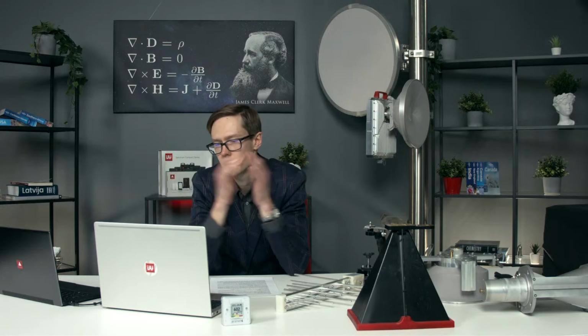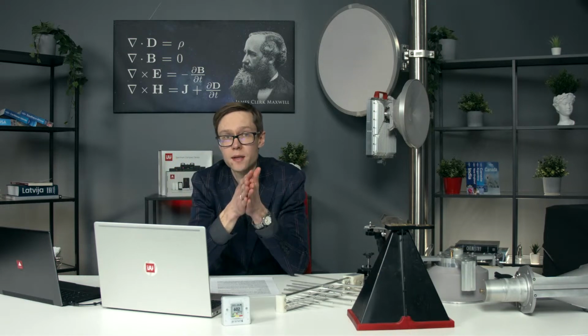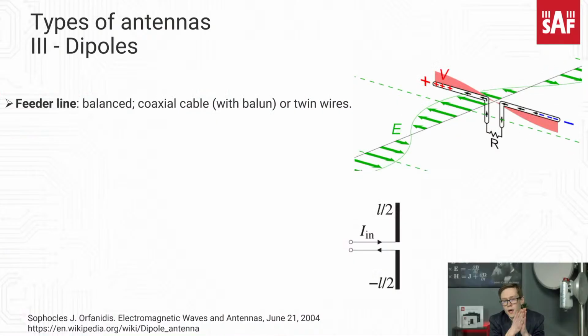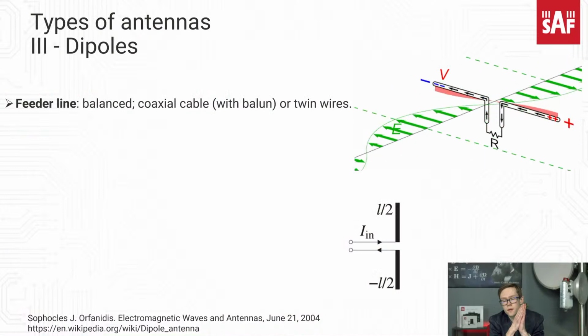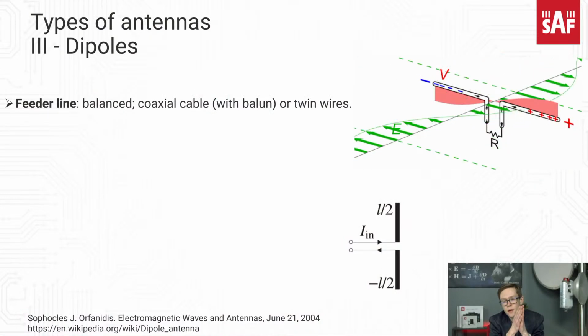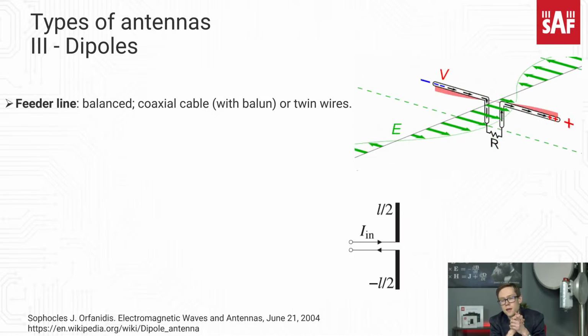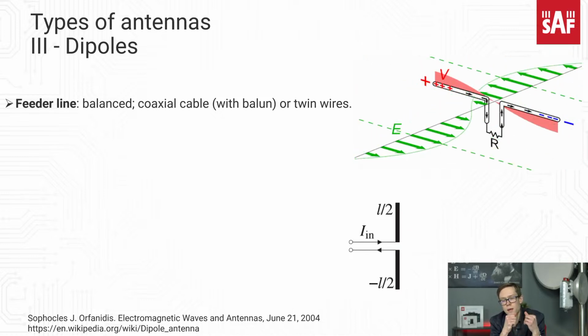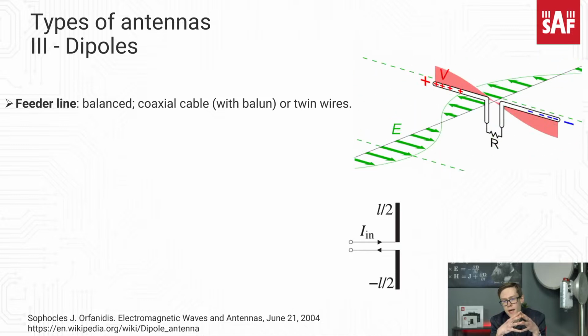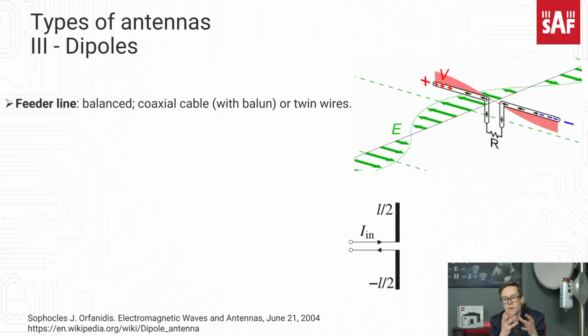And as a feeder line, we use a balanced line. This is important. What does balanced line mean? Okay, let's start with unbalanced line. The example of an unbalanced line is a coaxial cable. It is a pair of conductors intended to carry electrical signals which have unequal impedances along their length and to ground and other circuits.